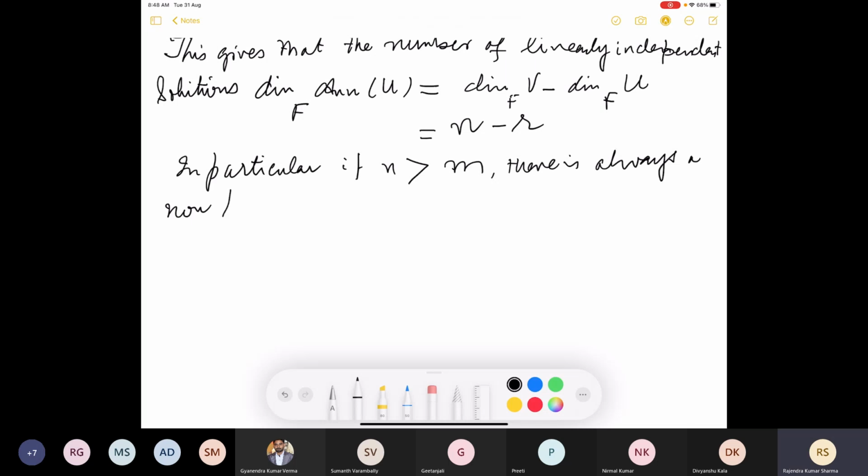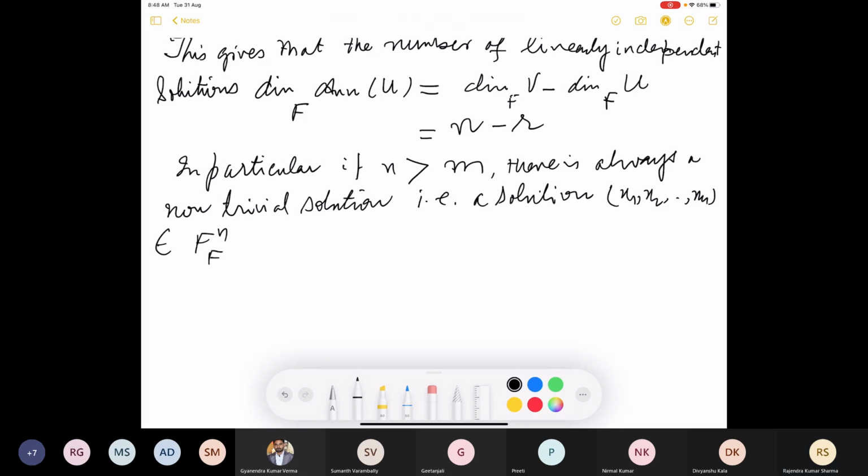So you always have a non-trivial solution, that is a solution x1, x2, and say xn in Fn over F, where not all of x1, x2, and xn are zero.